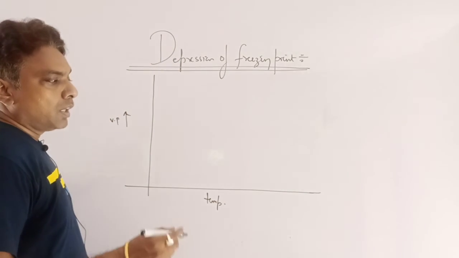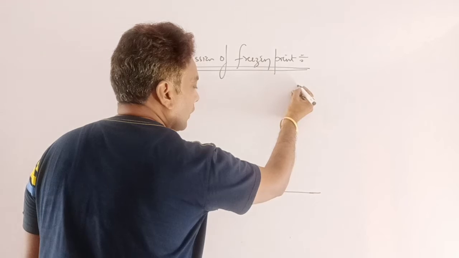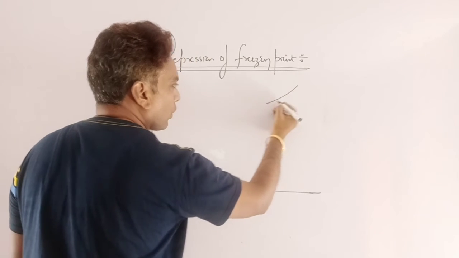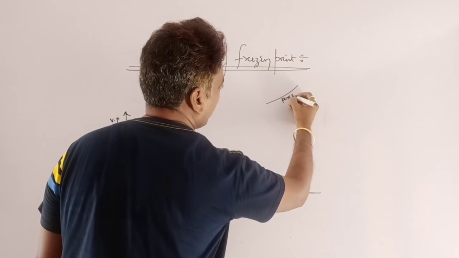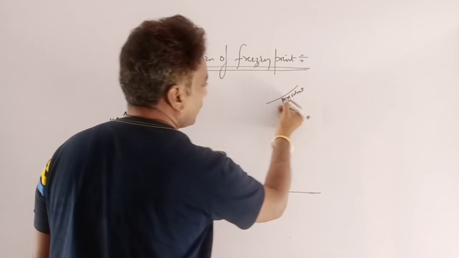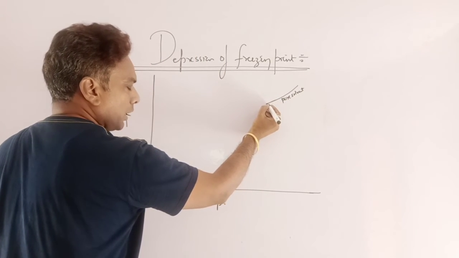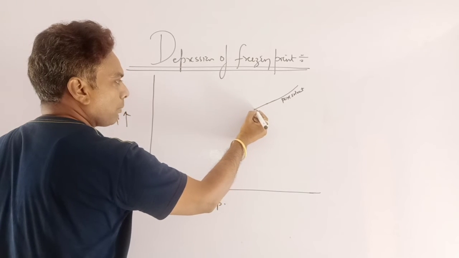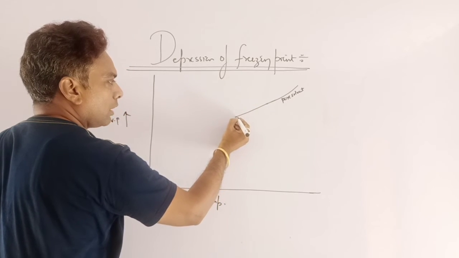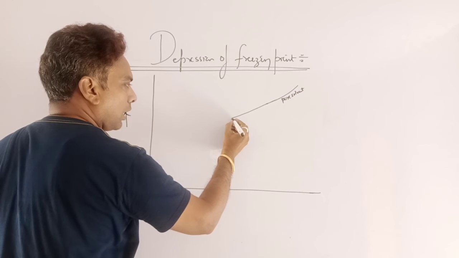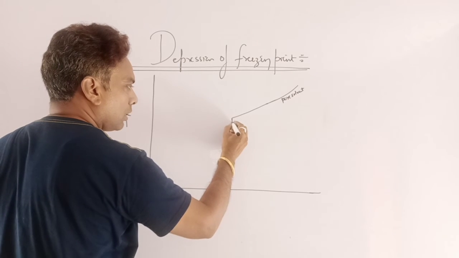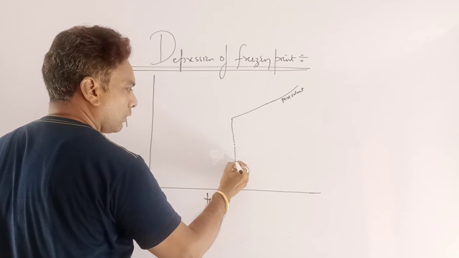Now, if we draw the vapor pressure of pure solvent, here is the pure solvent curve. On decreasing the temperature, the vapor pressure of pure solvent decreases, and at a given temperature the pure solvent freezes.